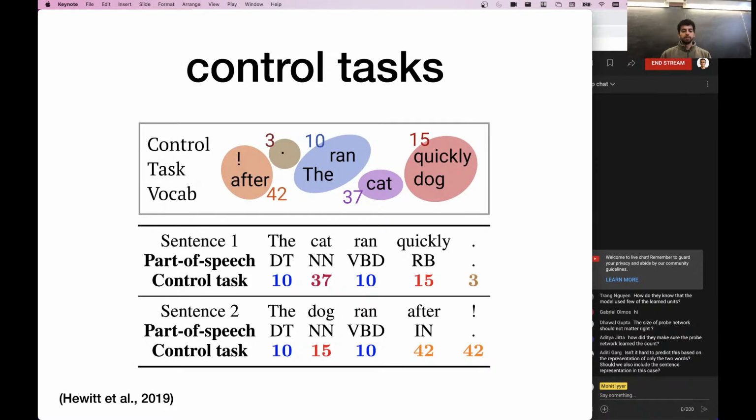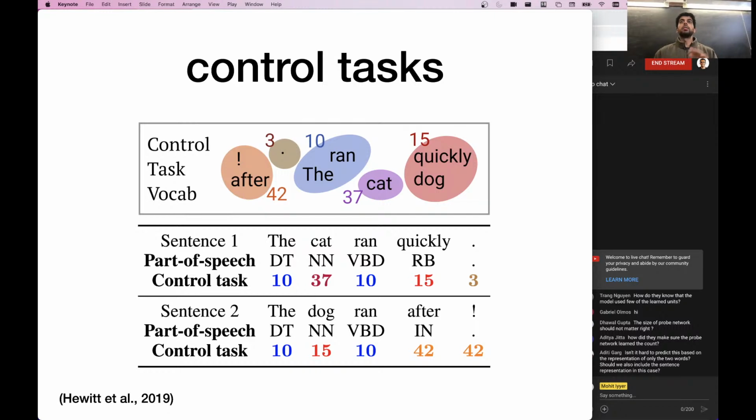And this paper from John Hewitt at Stanford proposed this notion of control tasks. If you're probing for a particular phenomenon, let's say part of speech, you want to know whether from the final layer representation of cat you can predict that this is a noun, and whether you can predict that ran is a verb in the past tense, and so on.